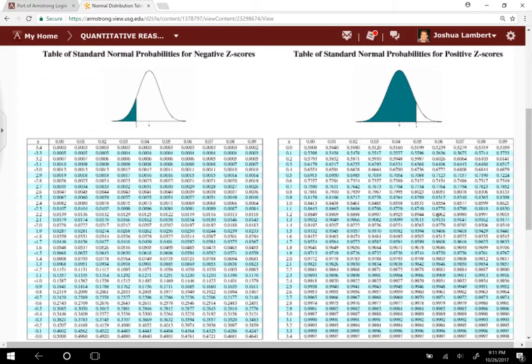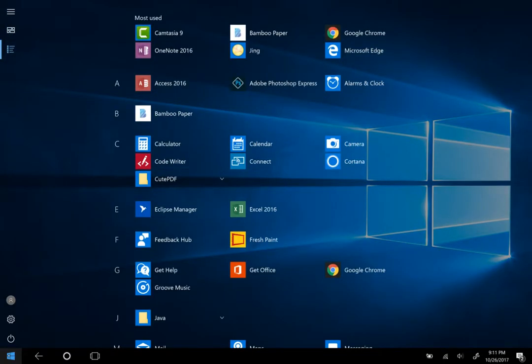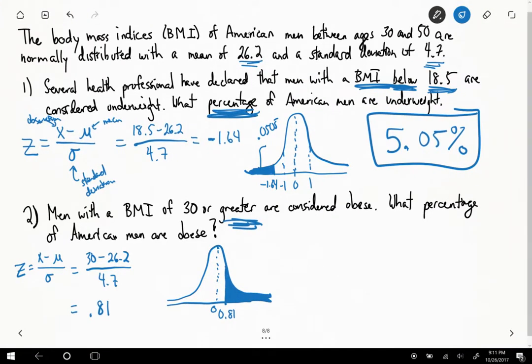So 0.7910 is our magical number of the area to the left. And so when we go back to our little sheet, we know that all this area in here is 0.7910, or remember, that is just 79.10%.